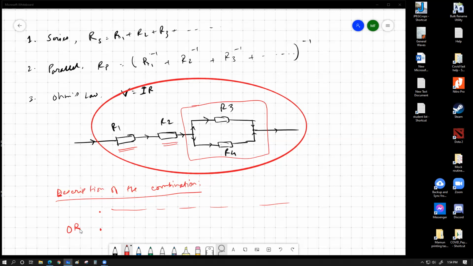So, or in the second description you can write R1, comma, R2, comma, the parallel combination of R3 and R4 are in series.